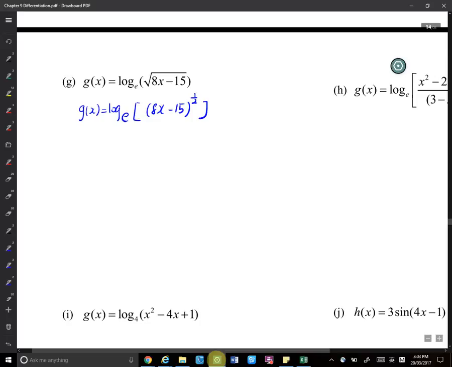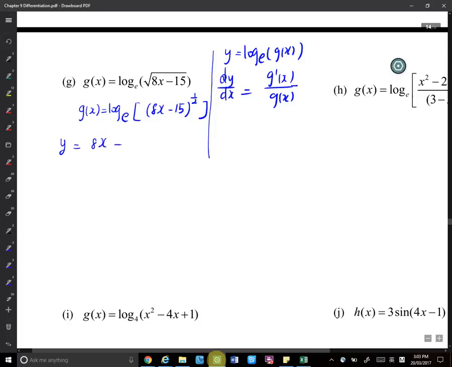So what's the derivative for log? If y equals log e g(x), then the derivative dy/dx will equal g dash x over g(x). You need to derive the things inside. So let's say we have y equals 8x minus 15 to the power of a half.